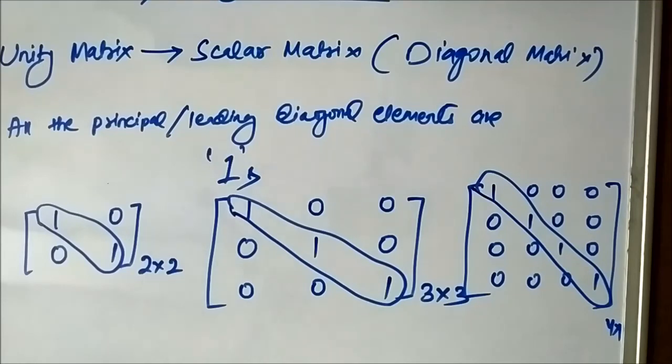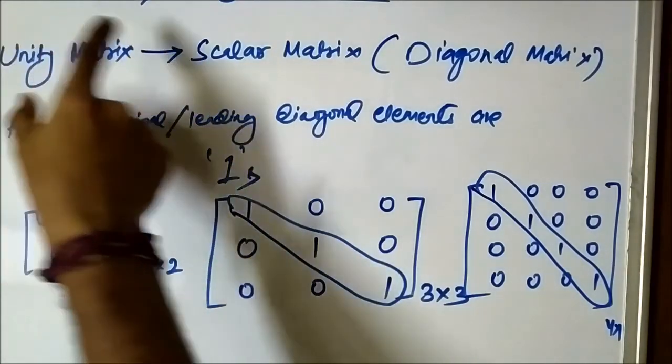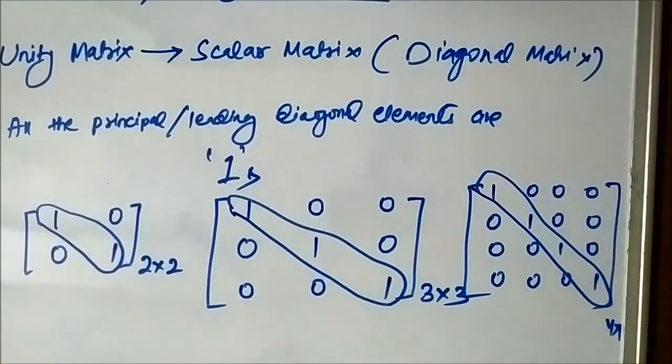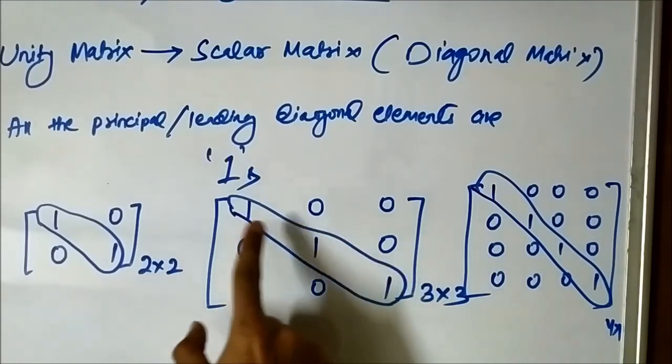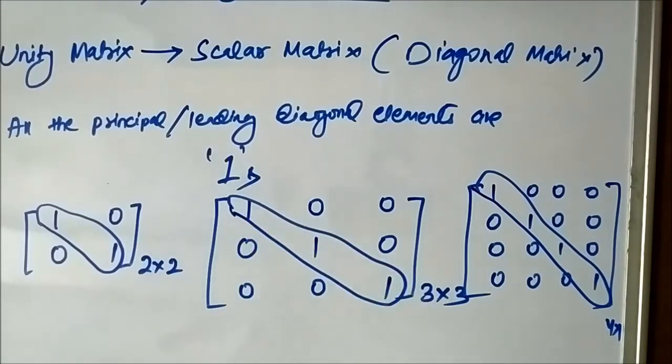Similarly, every scalar matrix is a diagonal matrix, but every diagonal matrix may or may not be a scalar matrix. So here we have discussed the scalar matrix and the identity matrix. In the scalar matrix, all the principal diagonal elements must be equal; it is a diagonal matrix with all the principal diagonal elements equal, and in the unity matrix it is also a diagonal matrix with all the principal diagonal elements equal to 1.